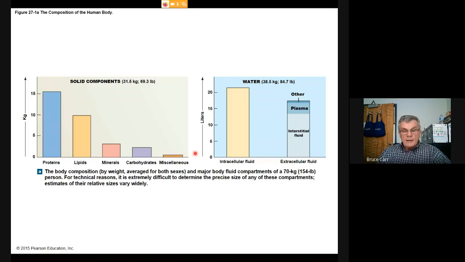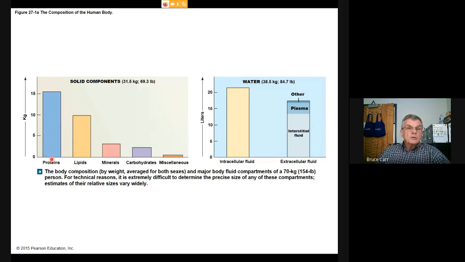So we've simplified the human body and the carbon molecules. How does our solid composition correspond to these different fluids? Over on the left, we see the solid components, those identifiable categories of molecules that exist within these solutions. And we're basically just reminding ourselves of a couple of things here.